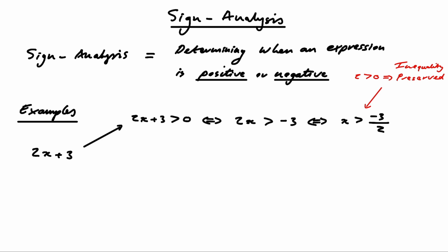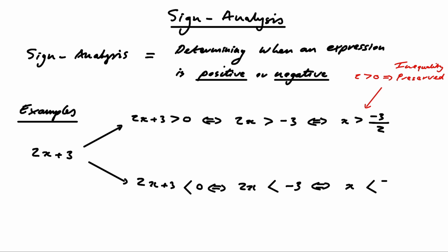What about less than 0? If 2x plus 3 is strictly less than 0, it's basically exactly the same logic. 2x would have to be strictly less than minus 3, and then you multiply everything through by a half, which is positive, so it preserves the inequality. So x is strictly less than minus 3 over 2.